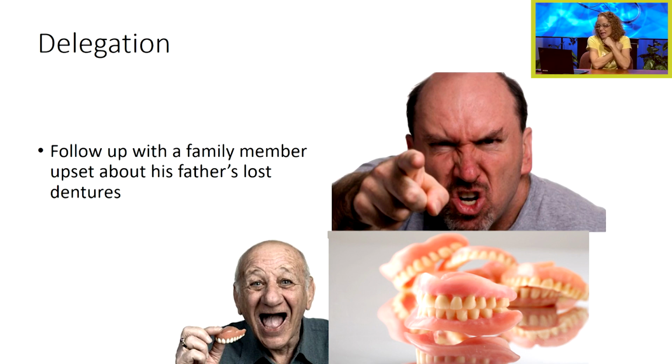This guy is the kind of uptight family member, and he likes to get upset with the staff, and he likes to blame the staff when things go wrong. And you know that, and you know that he can be an unpleasant gentleman to deal with. And there's Grandpa down there with his teeth. He thinks it's all quite hilarious.